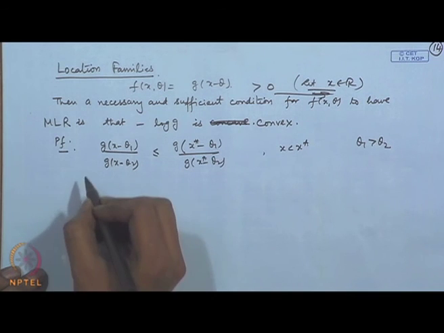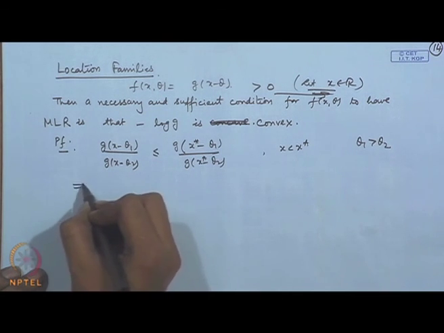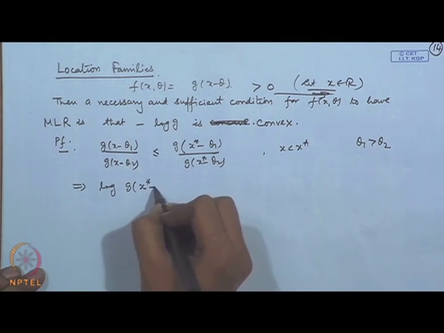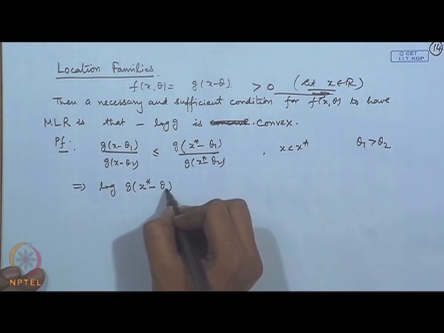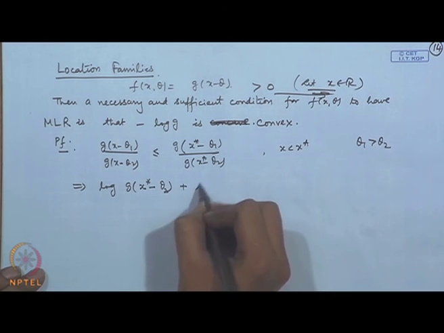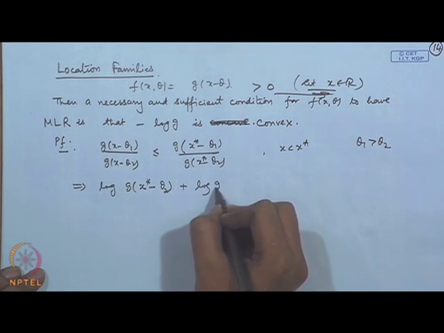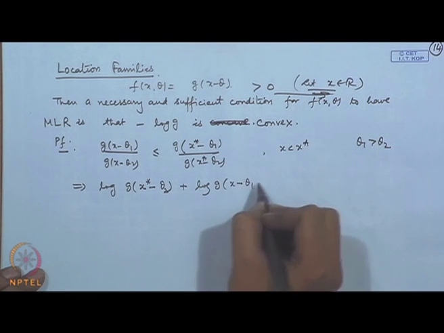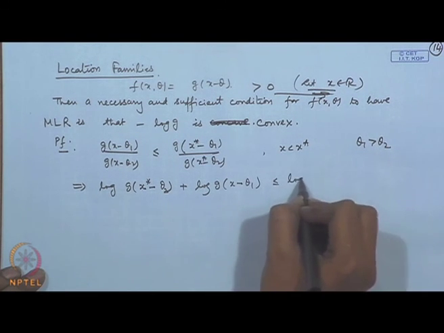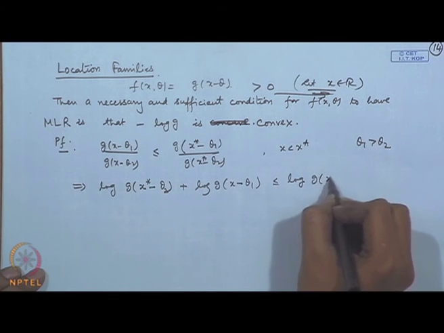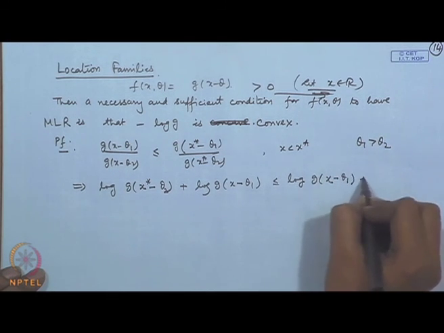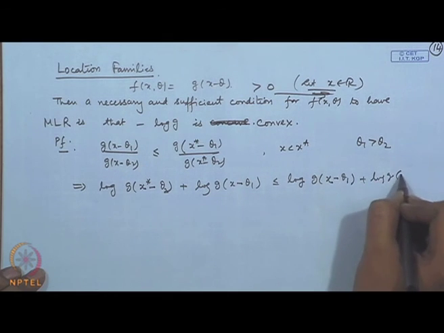So, if I take logarithms, this reduces to log of g(x star minus theta 2) plus log of g(x minus theta 1) less than or equal to log of g(x star minus theta 1) plus log of g(x minus theta 2).